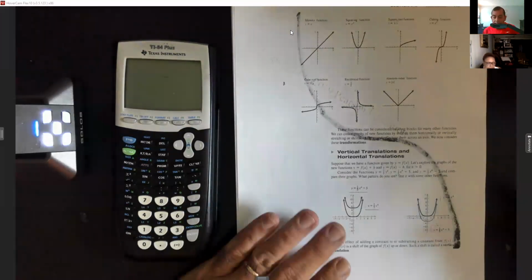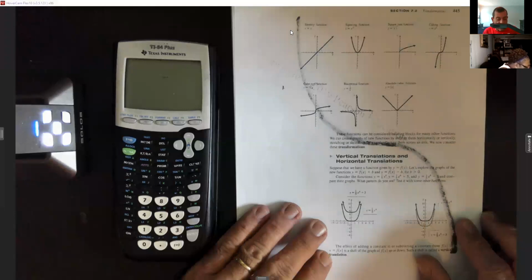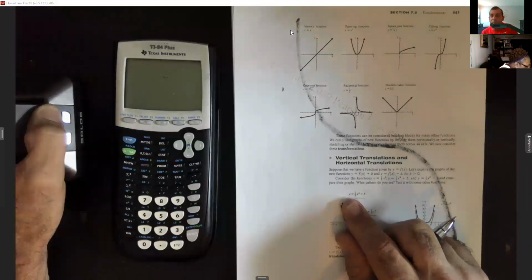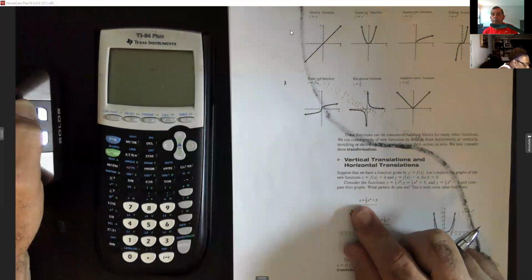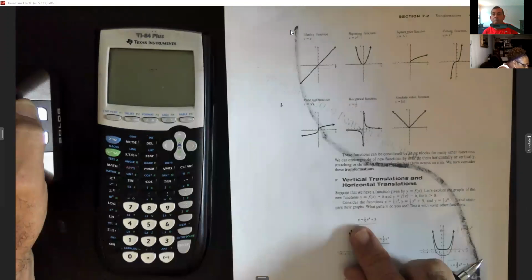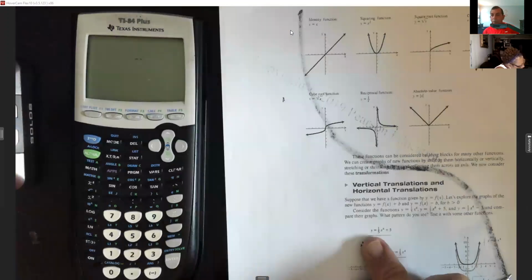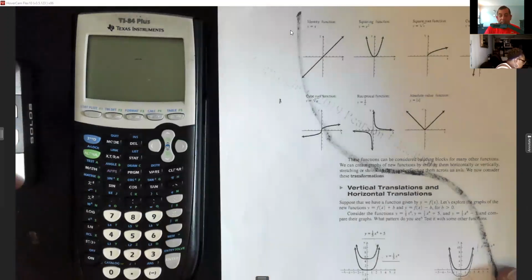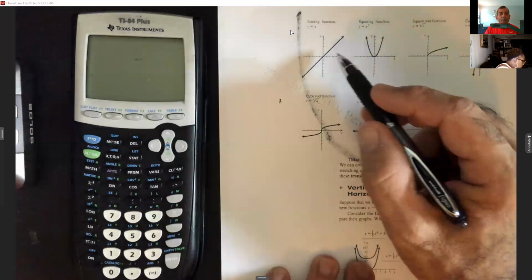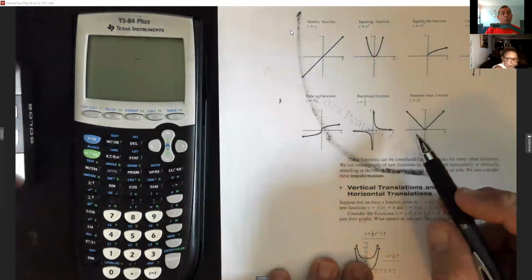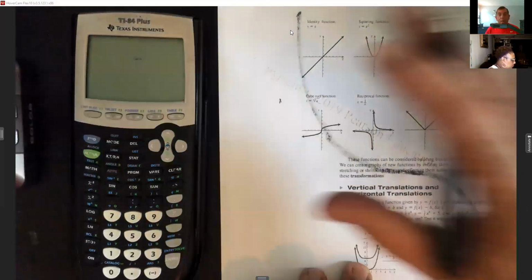All righty, so on the screen, I sent y'all this last night, and I'm going to zoom this in a little bit so you can see these graphs better. So y'all, I want to go through these basic graphs because these basic graphs you see here are going to be the ones that we're going to move around, okay?